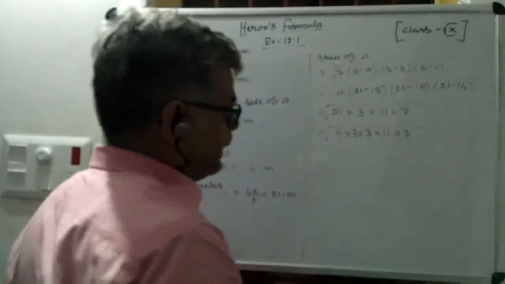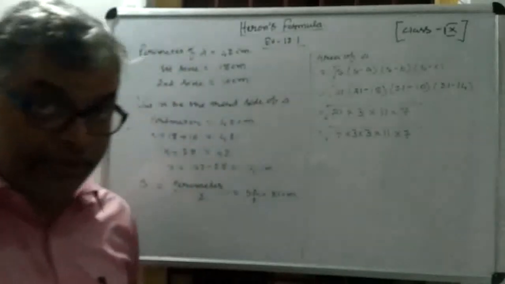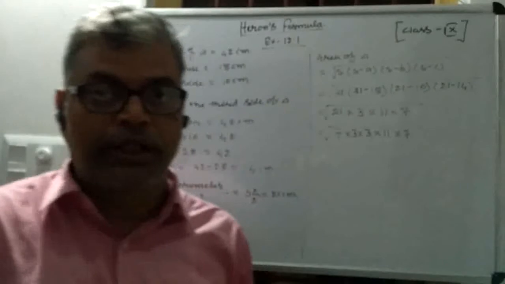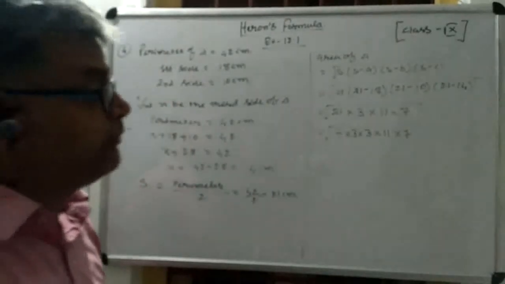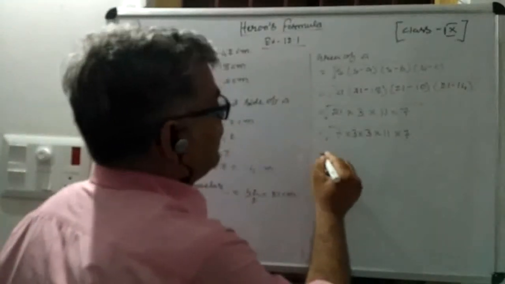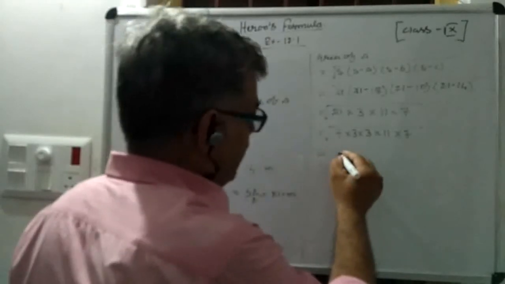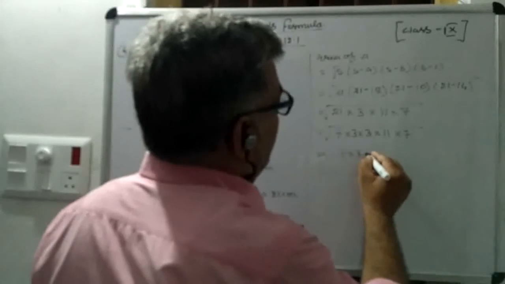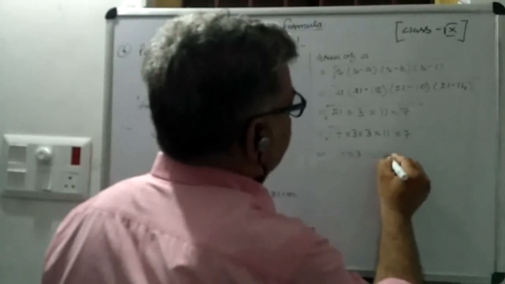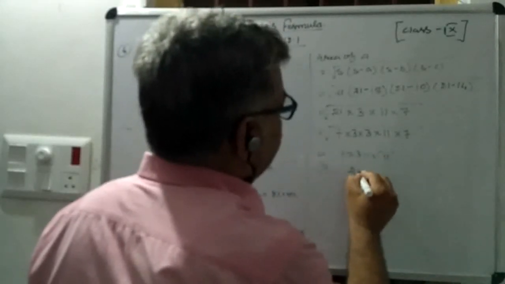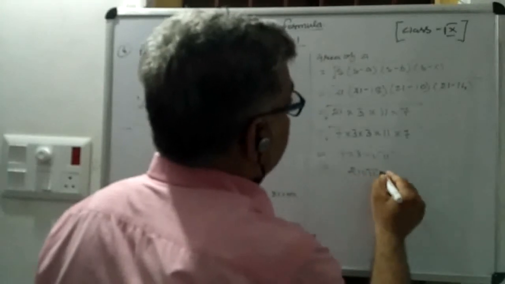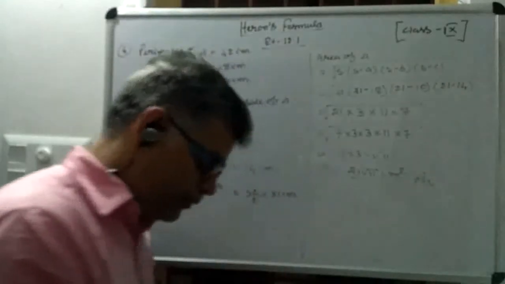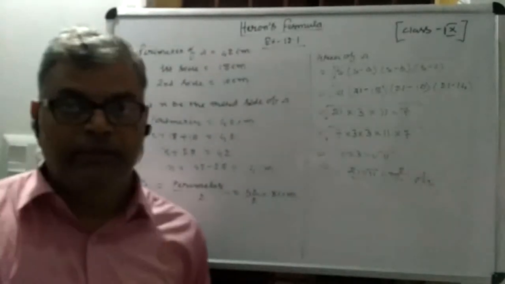Now you can see that 7 is in pair, 3 is in pair, only 11 is not in pair. So again it will be under root. So you will have 7 into 3 under root 11. So it will be 21 root 11 centimeter square, the area of the triangle.